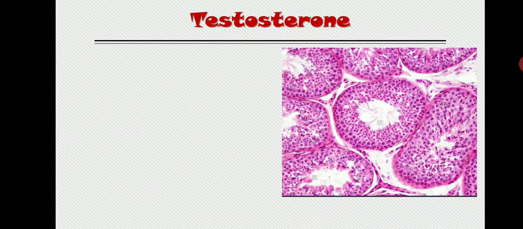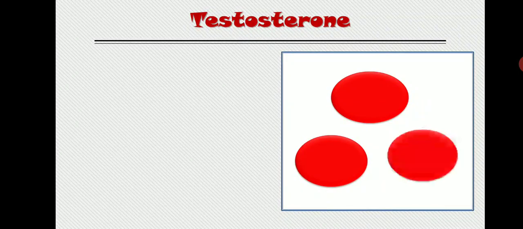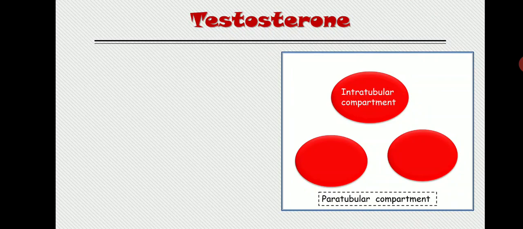So let me show you a picture of it. See, this is the cross section and these are three seminiferous tubules. These are the intratubular compartment, and the rest of the portion present between the tubules is known as the paratubular compartment. Inside this paratubular compartment, there are Leydig cells like this.